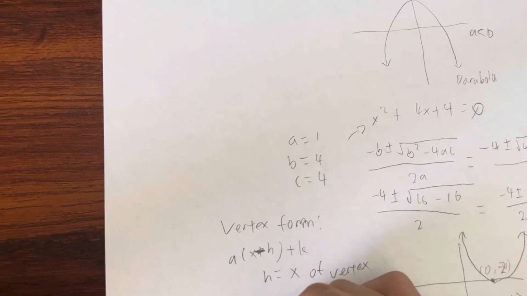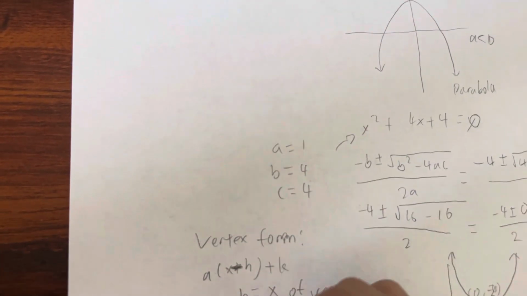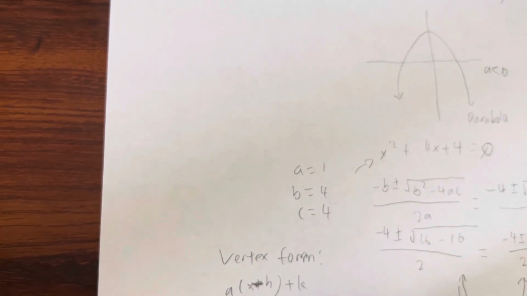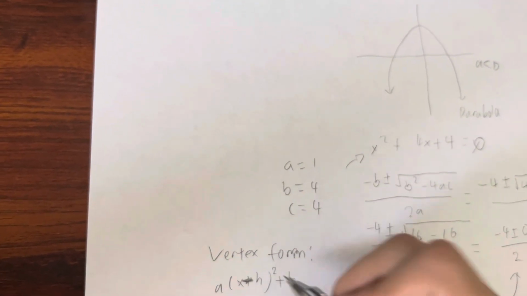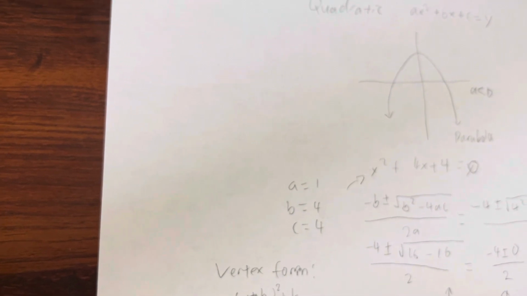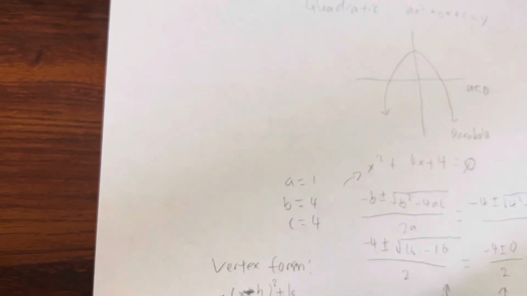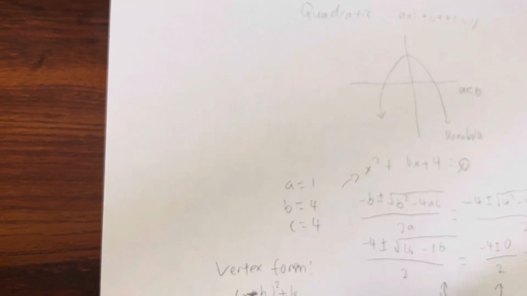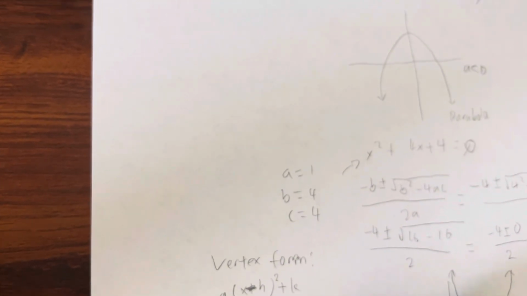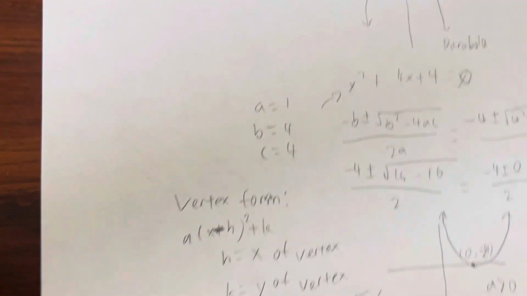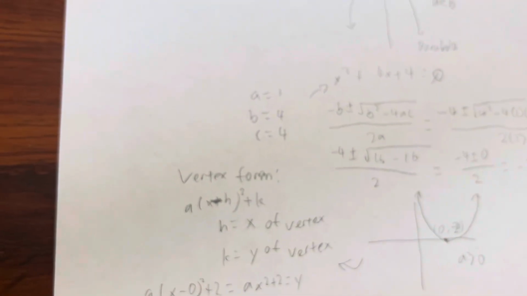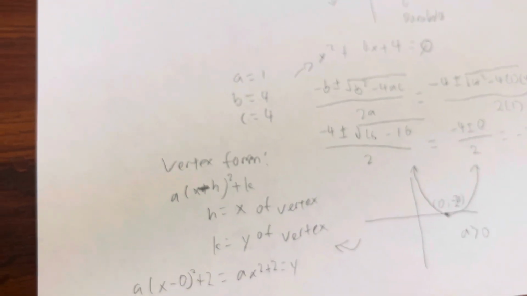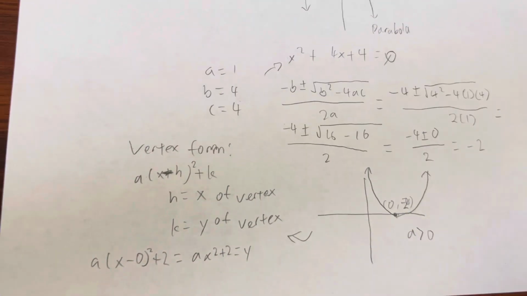y equals a times x minus 0 plus 2, squared. Then we simplify this down: y equals a x squared plus 2. And then here you have a way, say you know a certain point on this parabola.